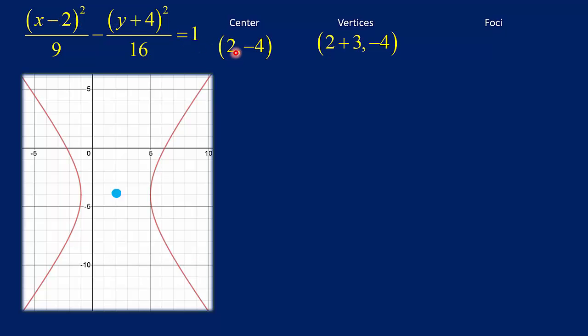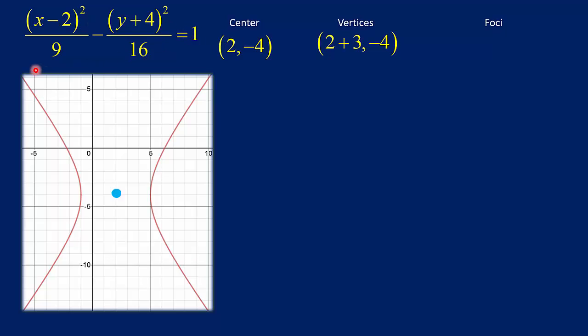Now, because it's the x part that's positive, that's how we know it has a horizontal transverse axis. That's how we know that to find the vertices, we're going to add to the x because the x is positive. Okay? Notice the negative is in front of the y squared part. The positive is the x squared part. So everything is going to be done to the x.